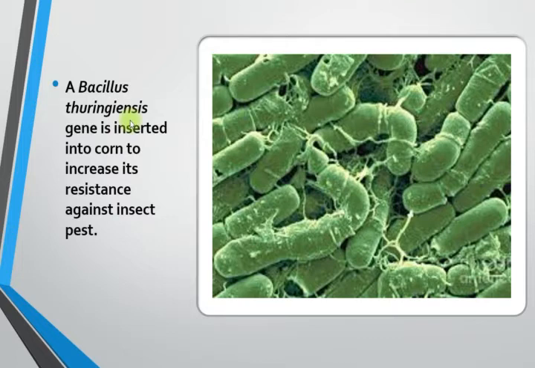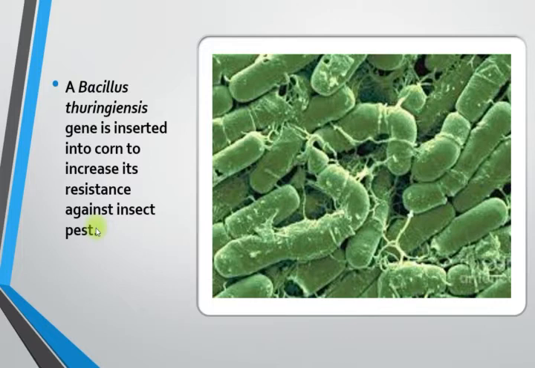It is one of the bacteria. So this Bacillus thuringiensis gene, the gene of this bacteria, is inserted into corn to increase its resistance against insect pests. Okay, so this is one example of the GMF.